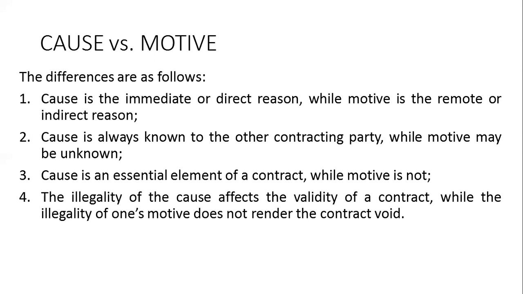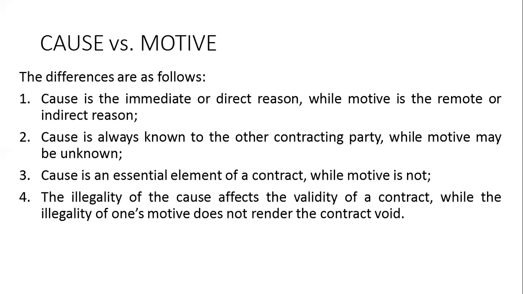And with respect to the buyer, the cause is always the acquisition of ownership of a thing that has been purchased, notwithstanding whatever their motives for entering into a contract of sale.